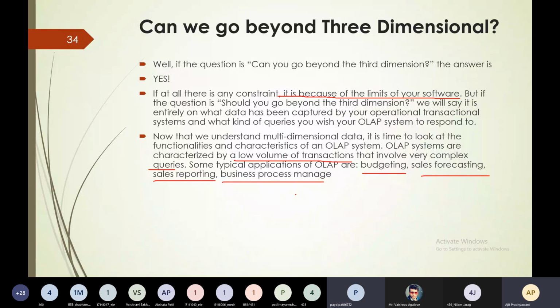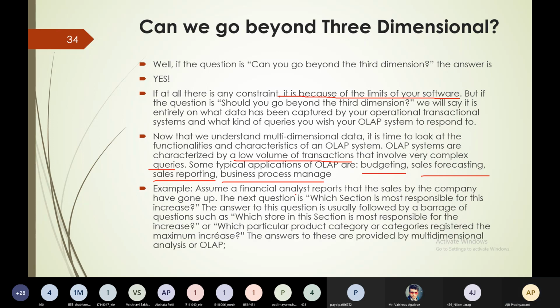If suppose you are selected and you go to the manager post, this OLAP system, OLTP and database system will help you to understand what is going on in that particular industry. With the help of data, you can understand it. You need to have this skill to look at the data. So I am going forward.